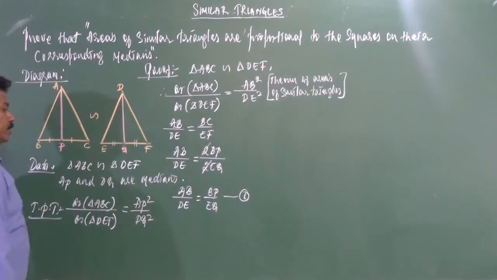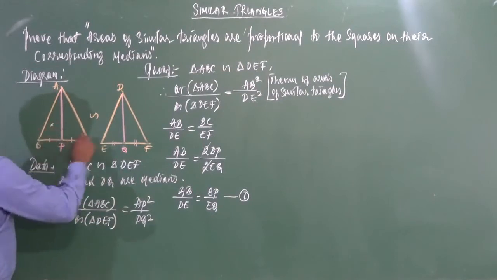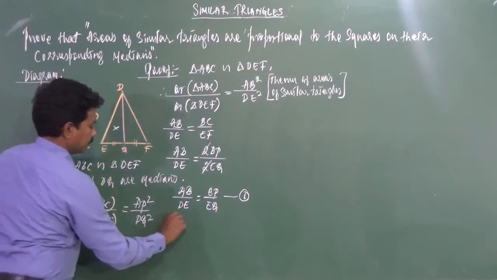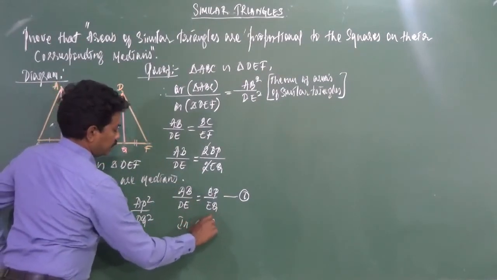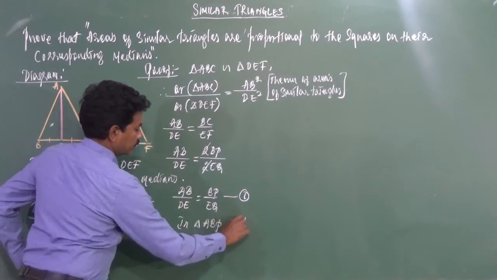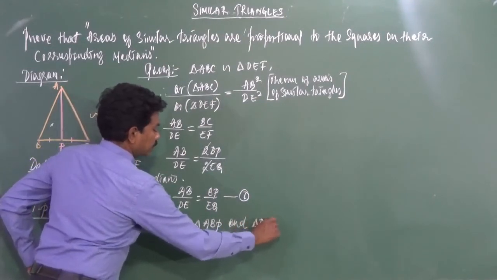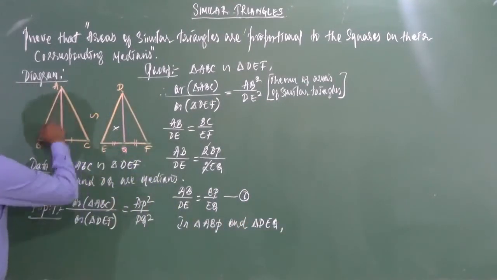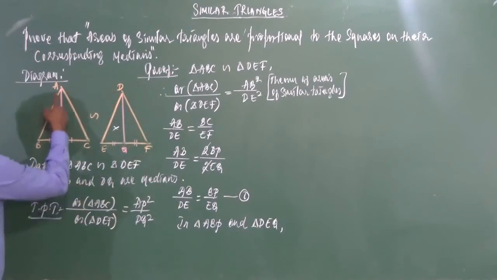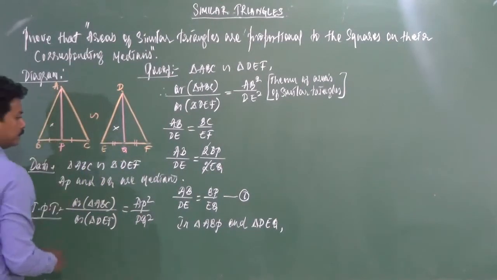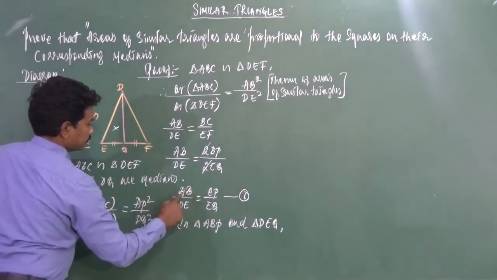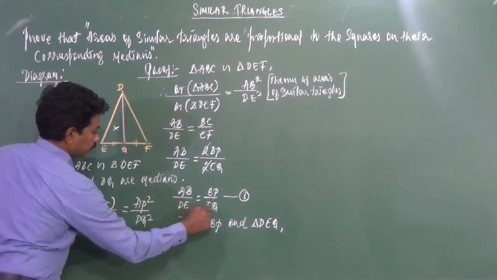So this is the result we have got. Take it as equation 1. Okay. Now select these two triangles: triangle ABP and triangle DEQ. We can write this ratio, numerator by numerator, denominator by denominator.